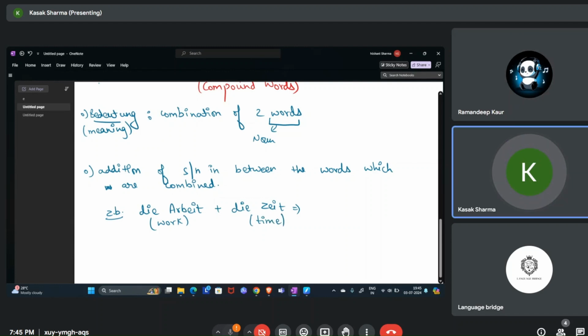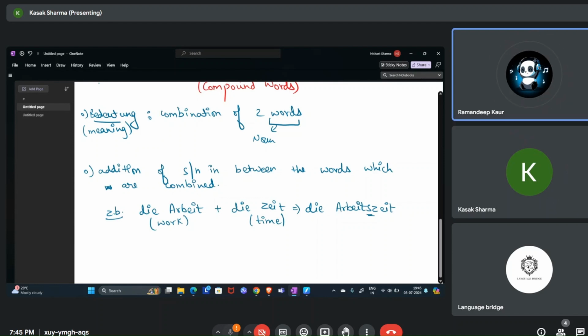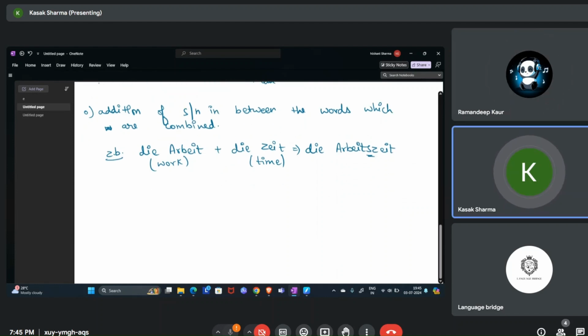Now, joining together, it will be work time, Arbeitszeit. So the article will be die. I have joined this extra S in between. So we join either S or N, depending.